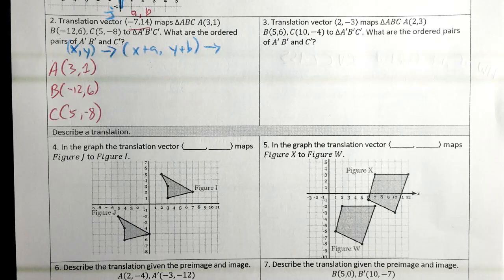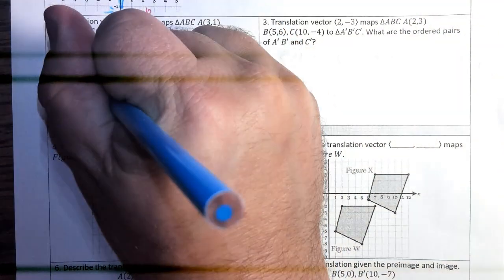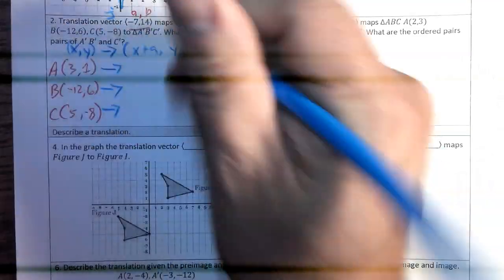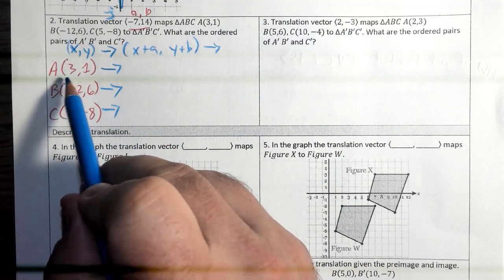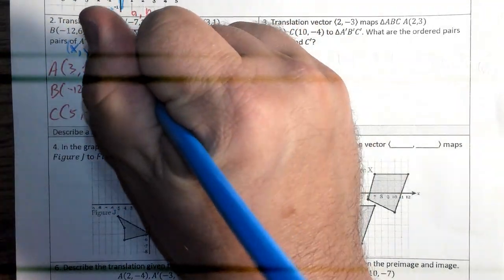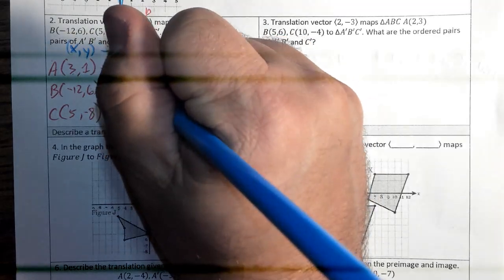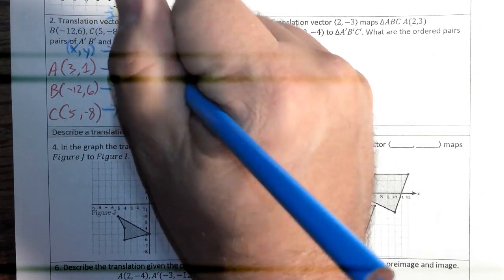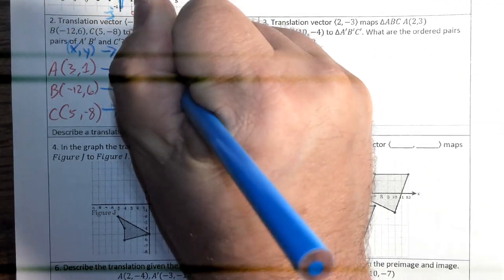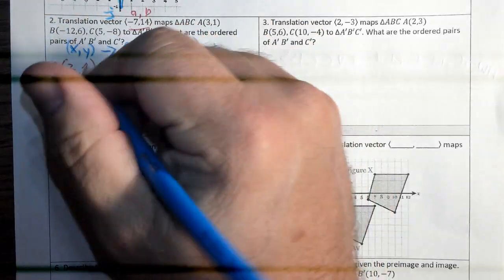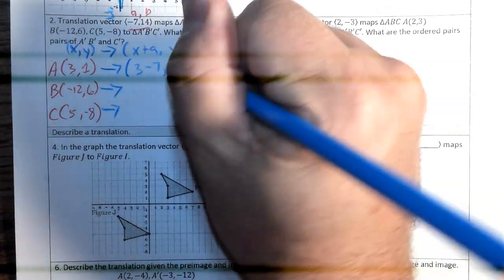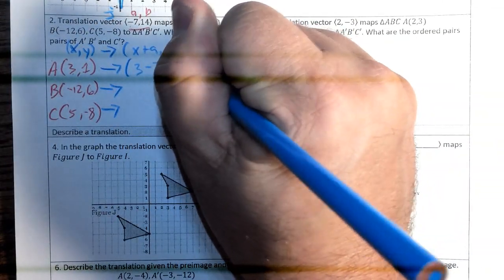Let's do this. Okay, so for A, our x is 3, plus A is negative 7, so 3 minus 7, our y is 1, and our B is 14.